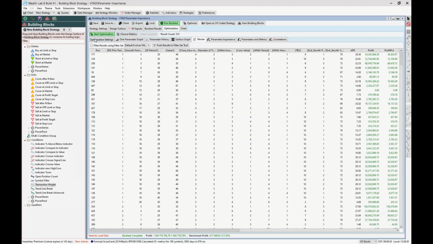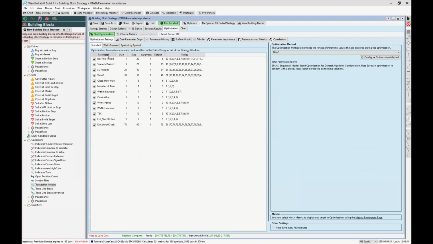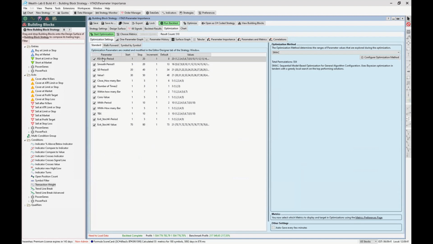Okay, so when we do this, let's go here. This is a saved optimization. This is a trading system that consists of many different indicators and parameters. And what we have done here right now is an optimization of all these parameters.